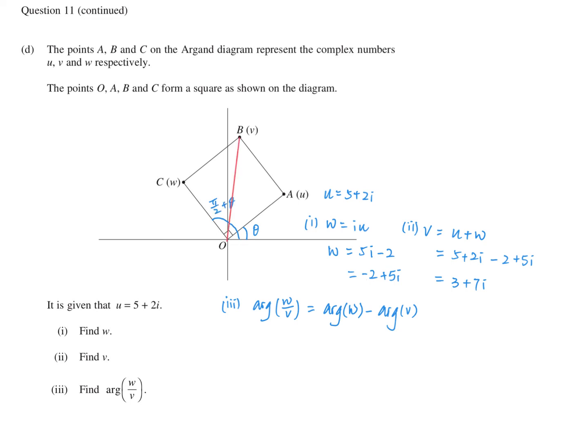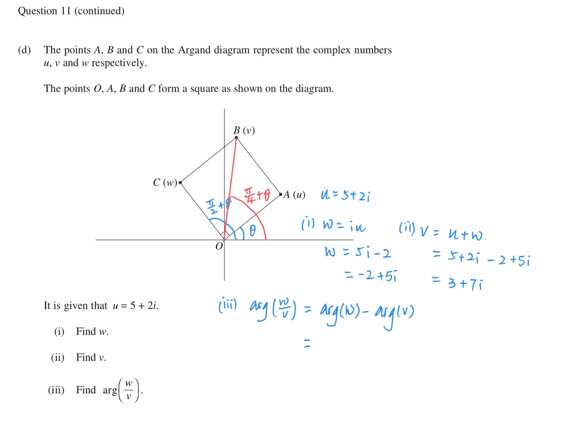How about the argument of V? By the property of a square, we know that angle BOA should be pi over 4. Therefore, the argument of V should be pi over 4 plus theta. Now we know that the argument of W minus the argument of V should equal pi over 4.